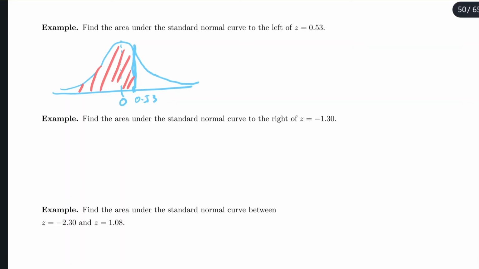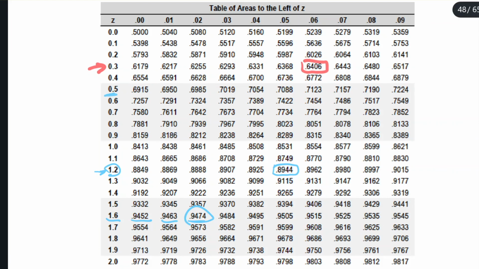So from the z table, what we're finding here, left, we need to really pay attention to this wording: left, right, between. The probability of z less than 0.53 is what we're finding from the z table. So let me go to the z table. It was 0.53. 0, 1, 2, 3. I'm looking at this number right here for the second decimal.